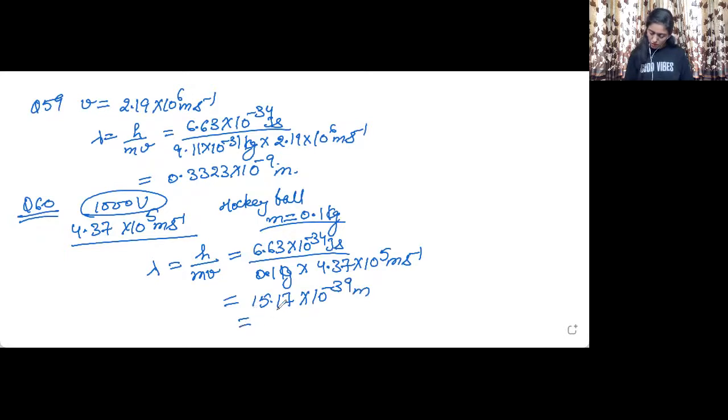In scientific notation, 1.517 into 10 raised to the power minus 38 meters, since the decimal has been moved to the left and the power gets added. So this will be the answer.